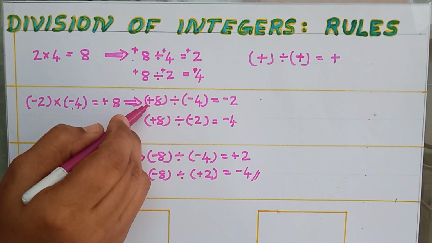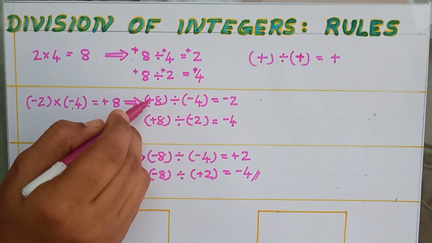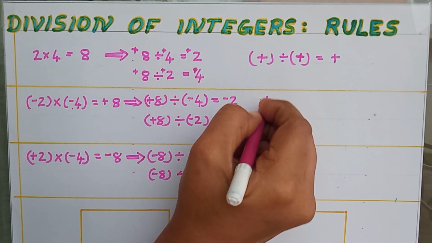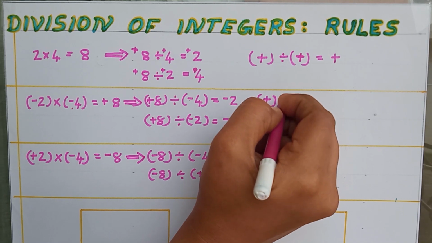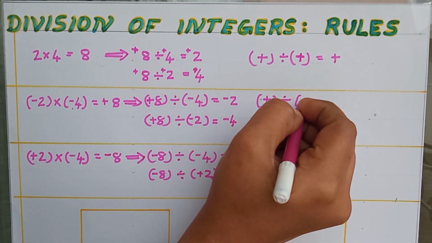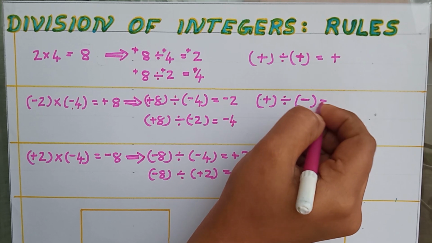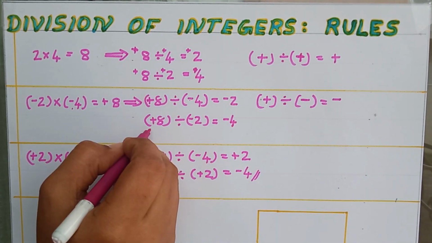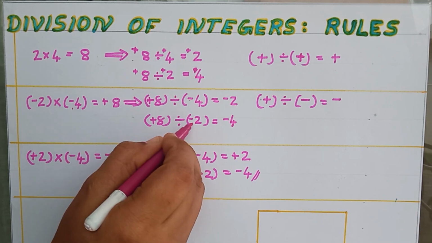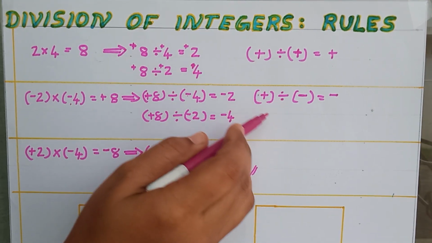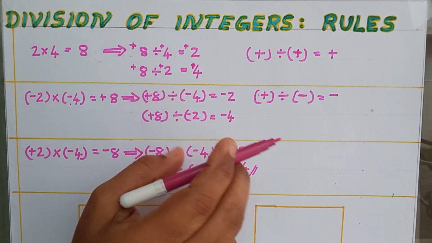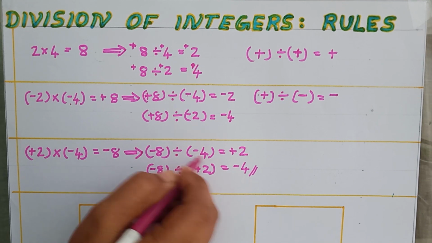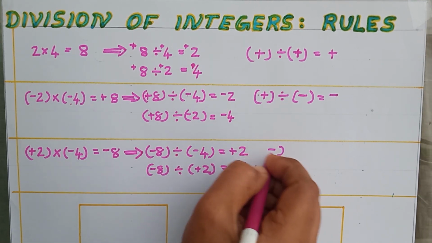From this statement we can write as positive divided by negative equal to negative. And from here, positive divided by negative equal to negative. Same as before. From here, negative divided by negative equal to positive.